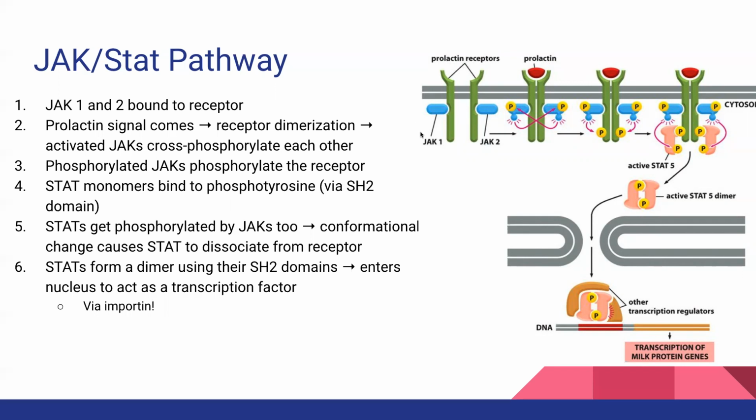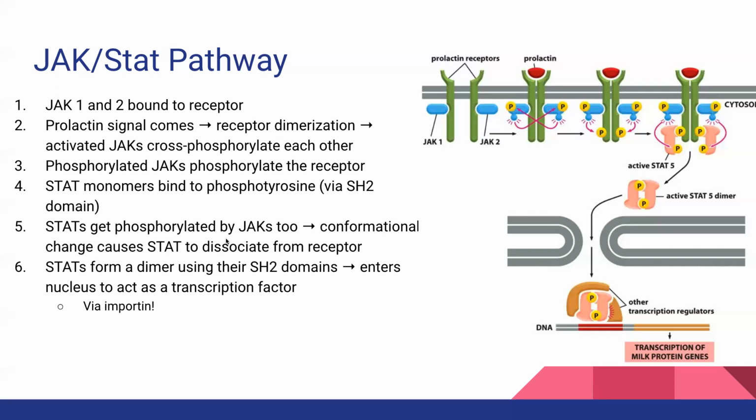After JAK1 and JAK2 bind to the receptors, the prolactin signal binds to the receptors, and this will cause the dimerization to happen. And after that occurs, the JAKs phosphorylate each other. And after they phosphorylate one another, they're then gonna add a phosphate group to the receptor.